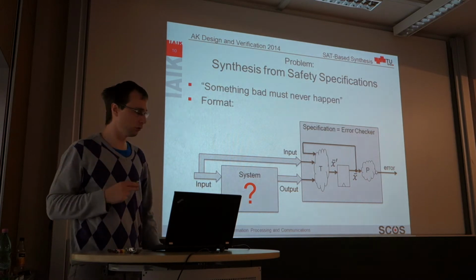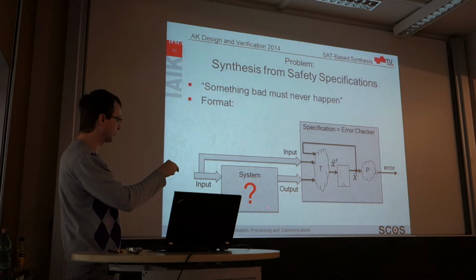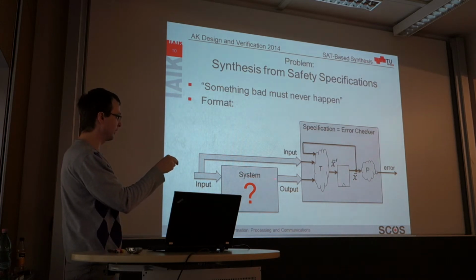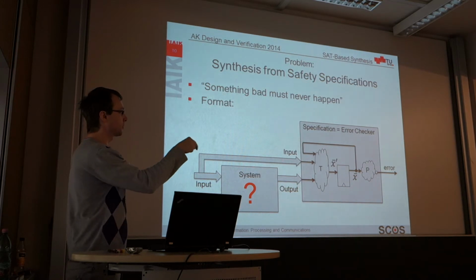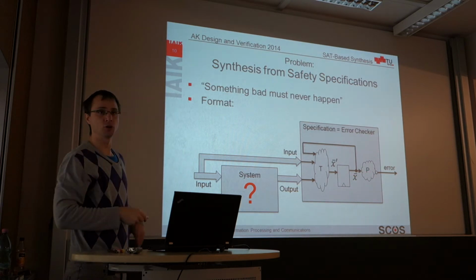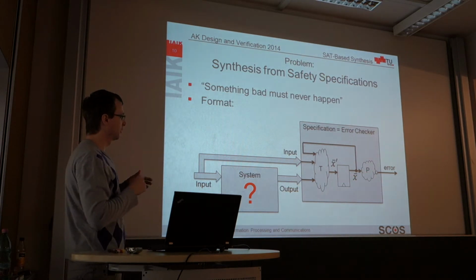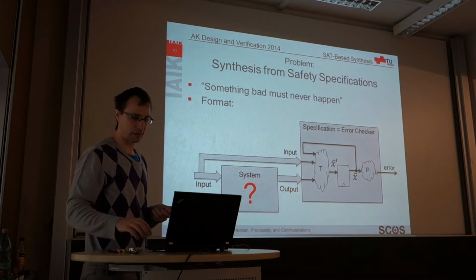And the goal of synthesis in such a setting is to construct a system in such a way that the outputs are always chosen in such a way that this machine here never enters a bad state, so that this error output here never goes high. And this is also the problem you have to solve in the exercises.